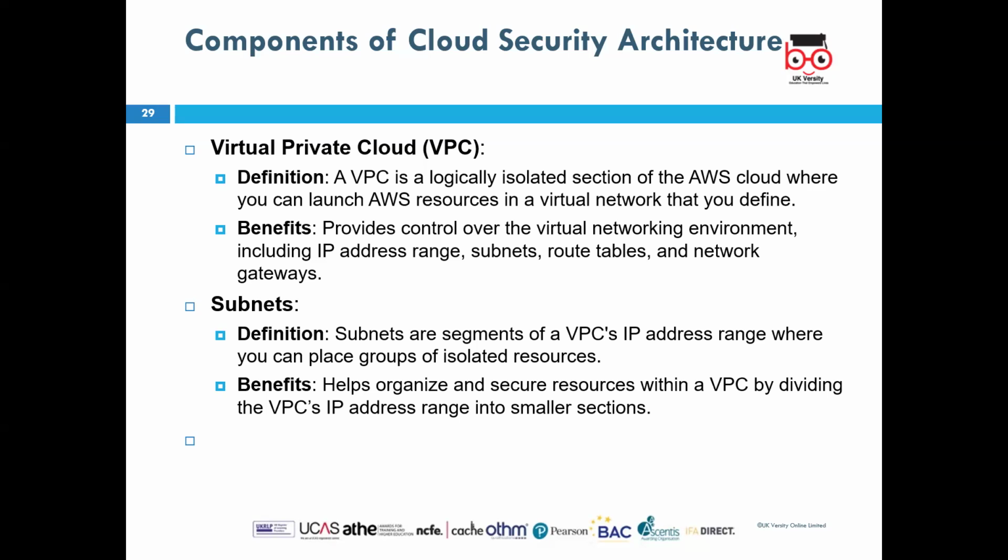So let's look at this, such as a VPN, the virtual private network, which is entirely hosted on our AWS server. Then we have subnets, which by definition are segments of the VPC IP address range, where you can place groups of isolated resources. And what are the benefits of this?